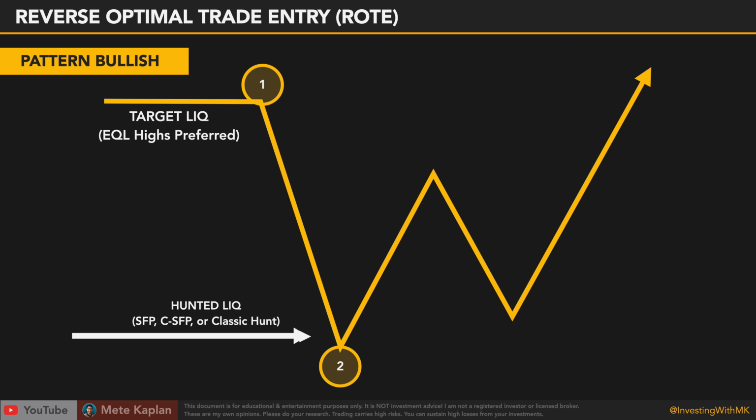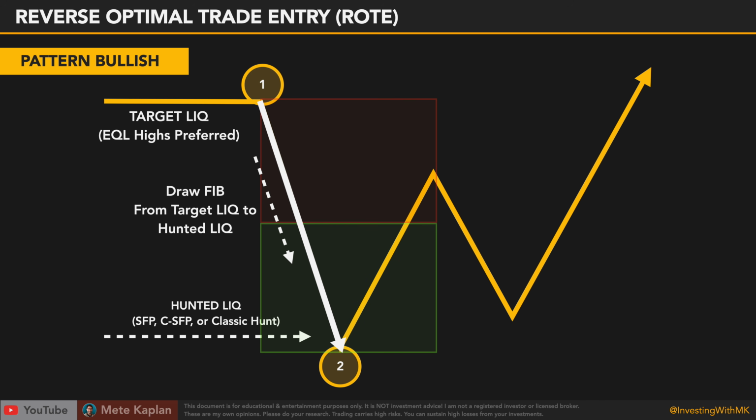Then in step 2, you confirm a liquidity hunt. The most basic hunt is the swing failure pattern and considerable swing failure pattern, or any other classic liquidity hunt will do. In step 3, draw your Fibonacci or Gann box tool from target liquidity to hunted liquidity.